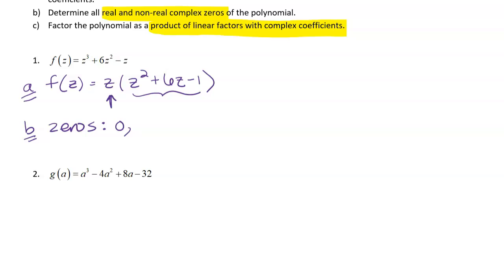The fact that I have a third degree polynomial means that I'm going to have 3 zeros, so there's 2 more out there that I need to find. Since this irreducible quadratic can't be solved using factoring, I'm going to have to go to the quadratic formula. Real quickly over here to the side, I'm going to write that out.